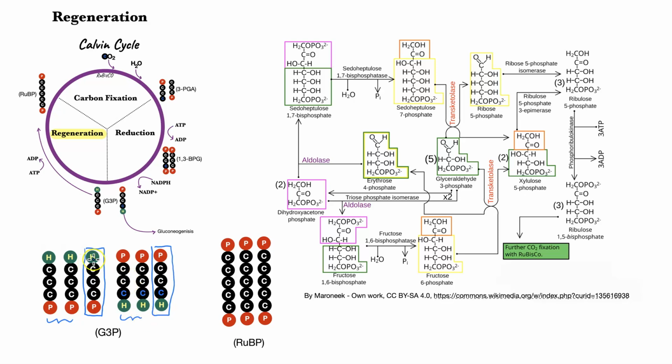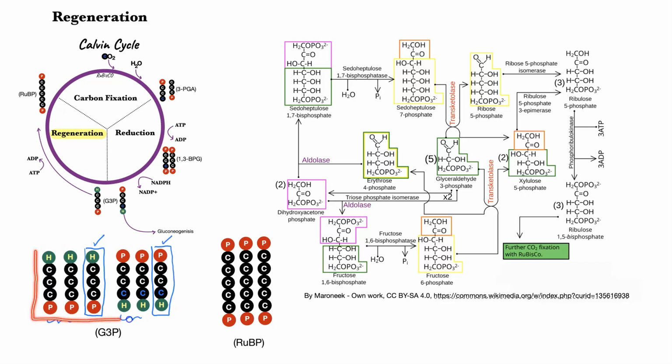In 1 turn we produce 2. In 2 more turns we're going to produce 4. That should make sense. We have a total of 6. Now this is important, okay? This part is extremely important to understand. All right, so this one here is going to go to gluconeogenesis that we talked about. It's going to make glucose.